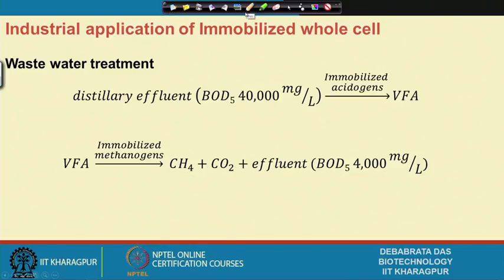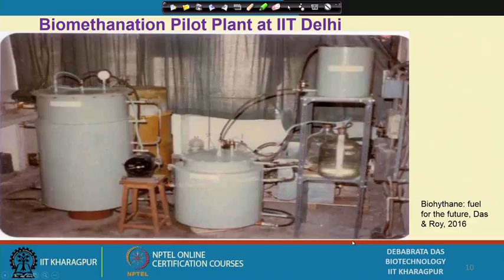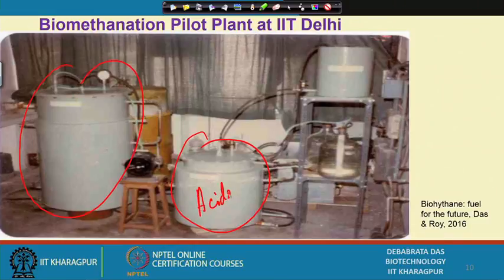Now, if you see the experimental setup, it is like this. This is what I call the acetogenic reactor, and this is the methanogenic reactor. What is happening is that with the help of a pump we take the distillery effluent here, and we pass it through the solid matrix inside, trickling down, and in the process it is converted to organic acid.